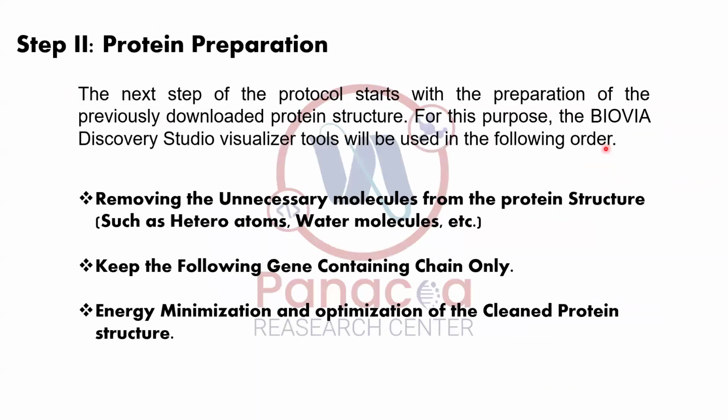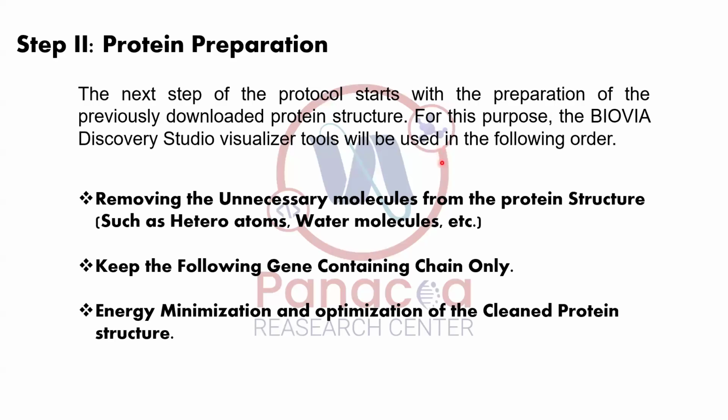Don't worry. In step 2, we need to prepare this protein for molecular docking, like removing the heteroatoms, water molecules, and other chains which will get stuck during the molecular docking or simulation periods.